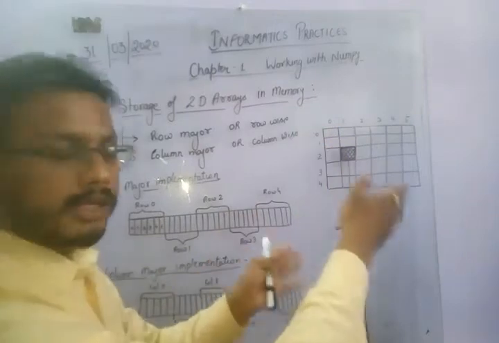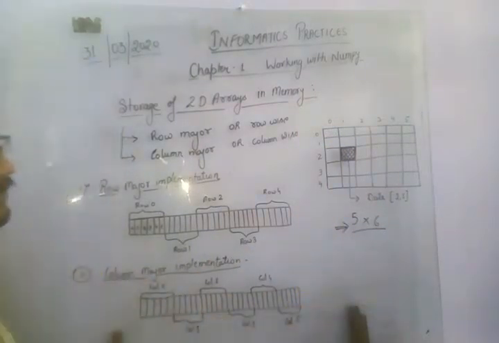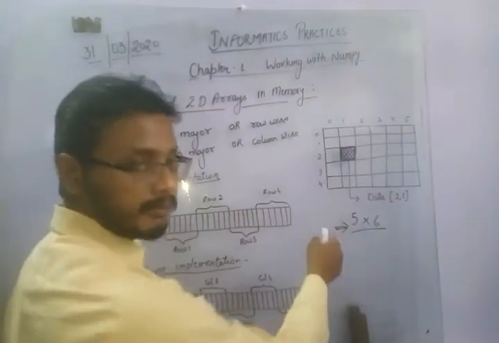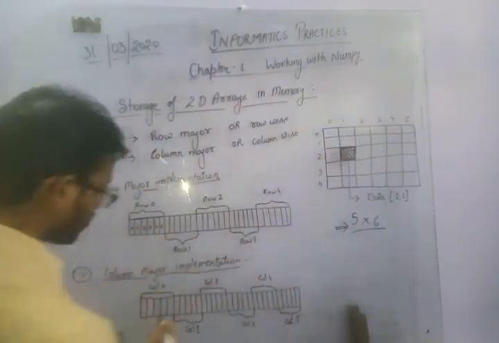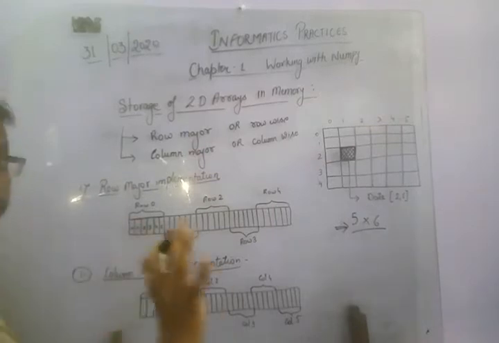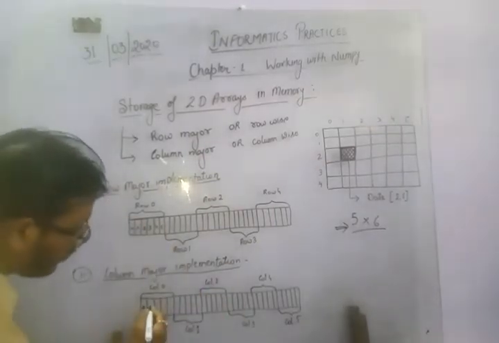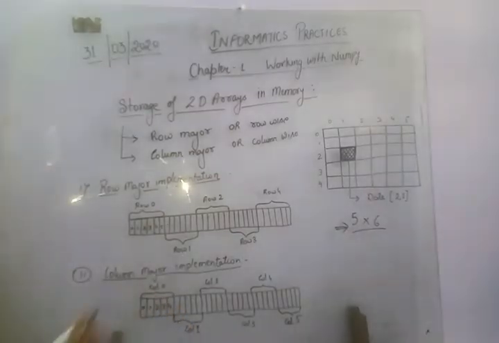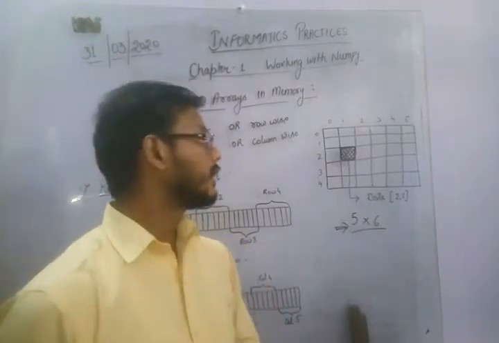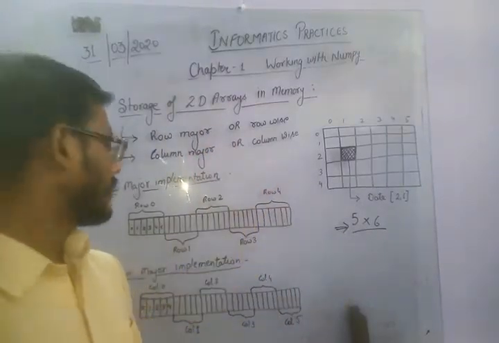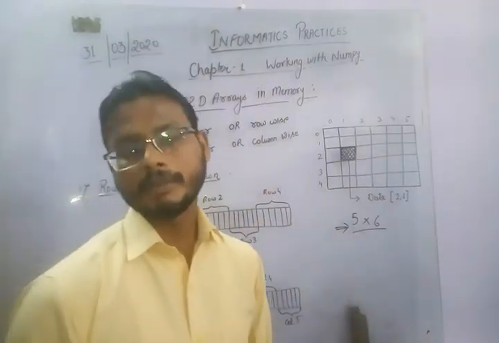Just take these columns and put them in a linear sequence. Now for each column, how many sections do we have? We have 5 sections, or you can say 5 rows, with the index 0, 1, 2, 3, 4. So we have taken column 0, column 1, column 2, column 3 in a linear sequence. This type of implementation of a two-dimensional array is known as column major wise implementation.